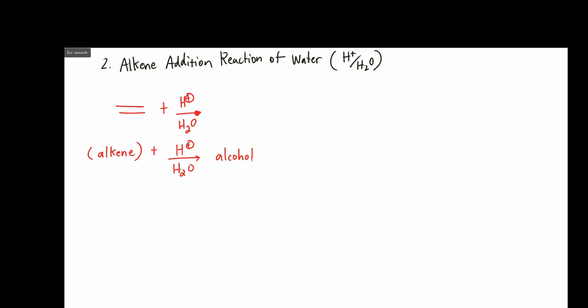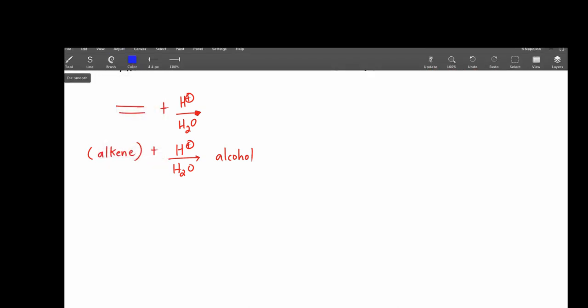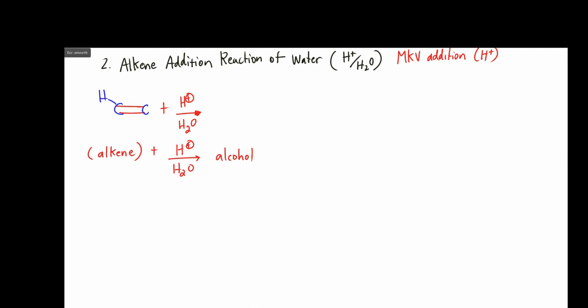This is going to be a Markovnikov's addition of H plus. This is a symmetric alkene. Both carbons have the same number of hydrogens. But if I did not have a symmetric alkene, if one carbon in a double bond had more hydrogens than the other, I would add that H plus to that one.